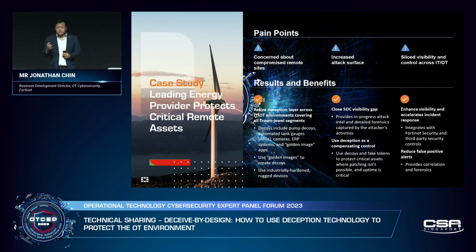The deception layer also lets you identify whether it's a series of events or campaigns. It tells you the attack origins, how they did it, and the procedure they followed, and then we can address all these weak points in your network.